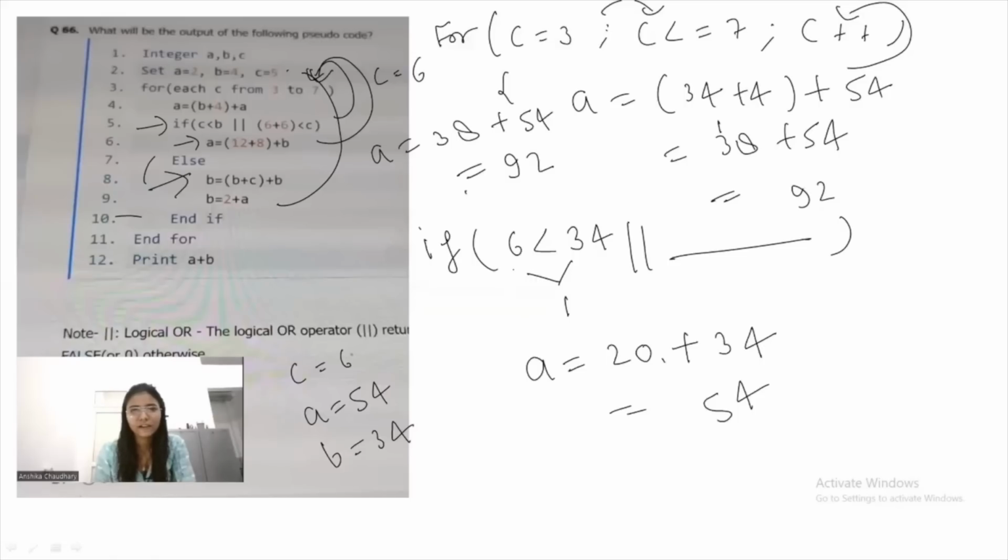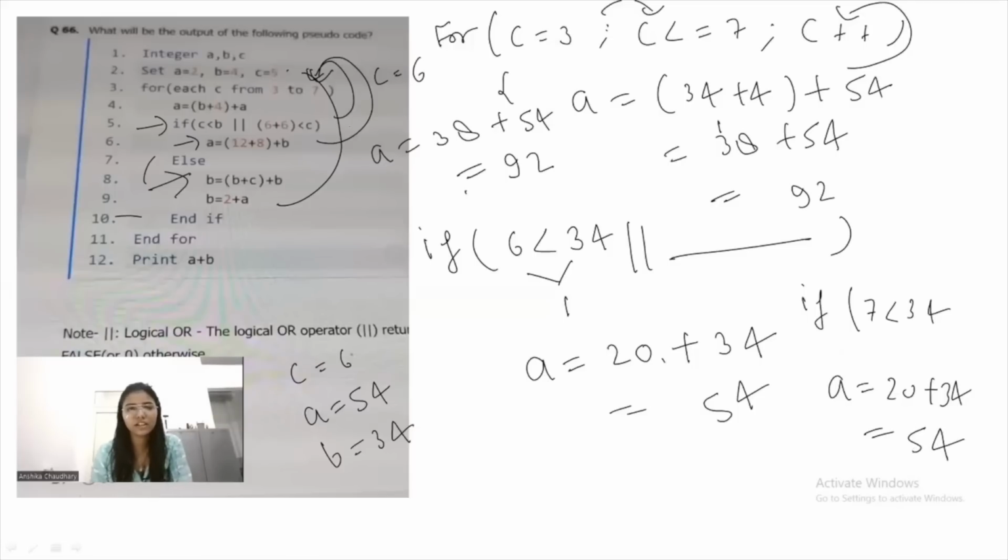And if I'm writing here, if C is less than B, so C value is 7. 7 is less than B. B value is 34. Again, the condition will become true and it will update the value of 12 plus 8, that means 20 plus B. It will become 34. So it will become 54.